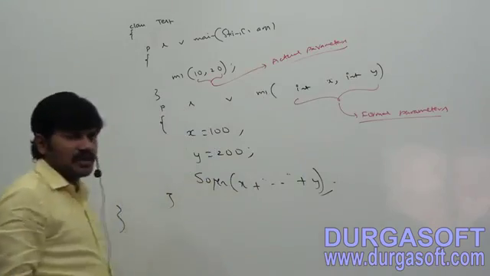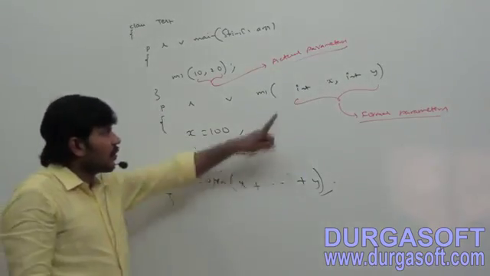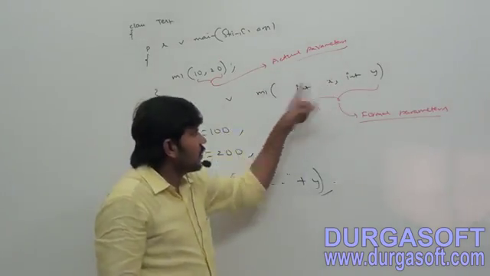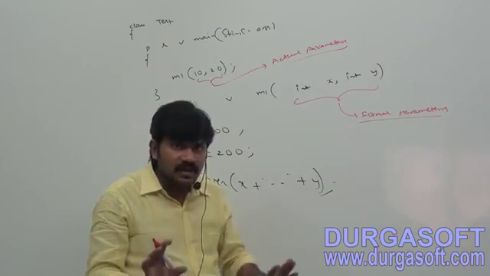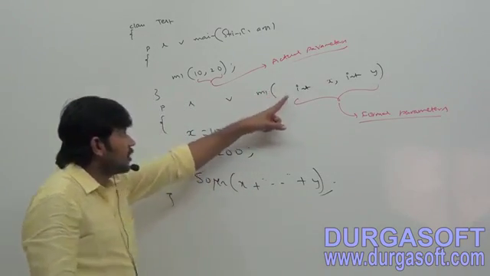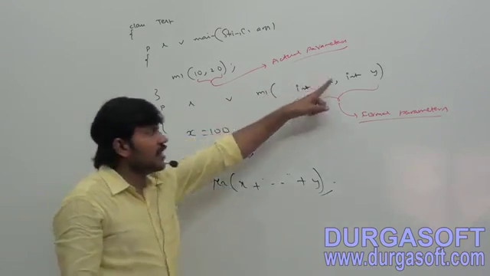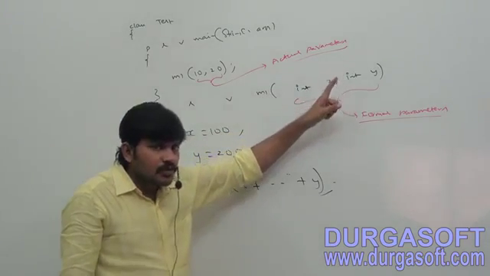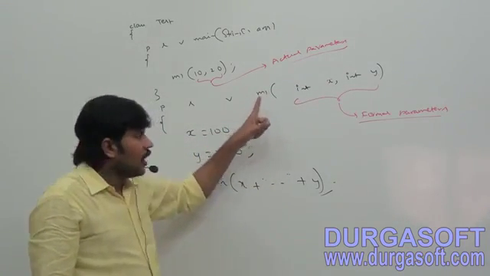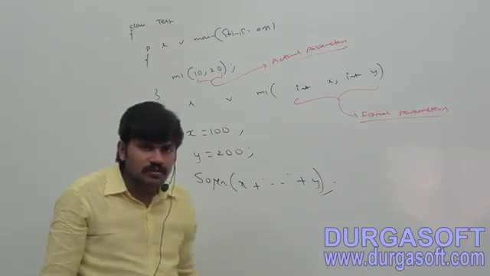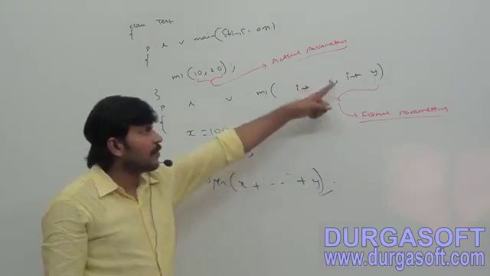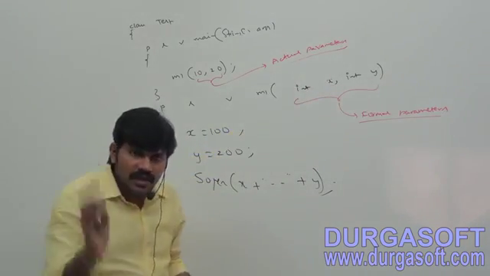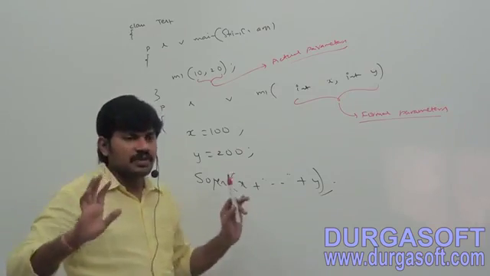Now, formal parameters of a method simply act as local variables of that method. Where can you access x and y? Only inside M1. Outside of M1, is it possible to access? No.